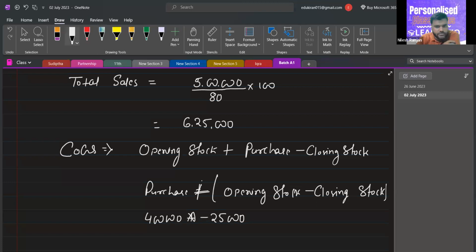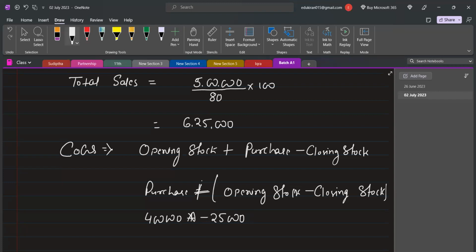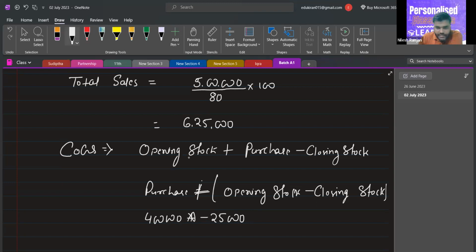Is this clear? So how did we get 25,000? If the question says that opening stock is 25,000 more than closing stock, it means like this: 1,25,000 minus 1 lakh.